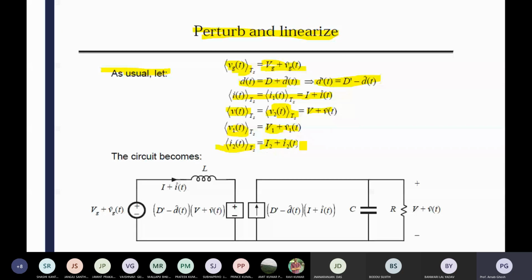So the circuit looks like this. Now you are making each quantity a constant value plus a time varying value, so you can multiply those values.